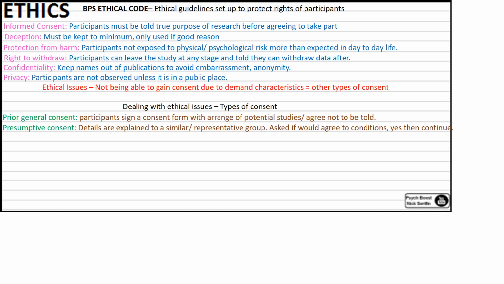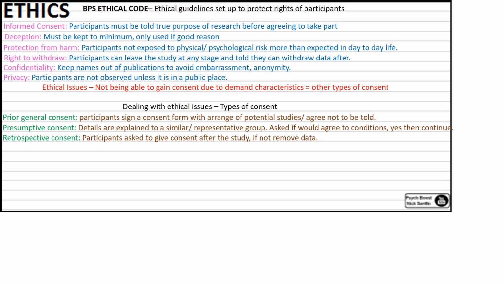And if they say yes, that's great, then you continue with this other group. Now, technically, that means that the group you did do the research on didn't give consent. None of these are perfect solutions, but at least it is a way of checking with similar people if the research would be acceptable.